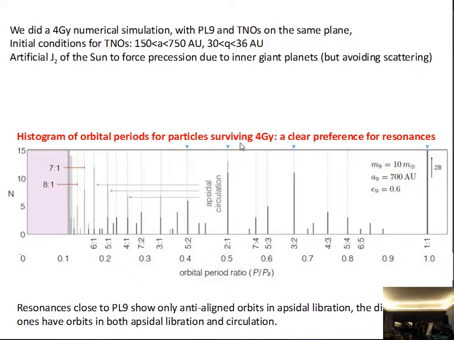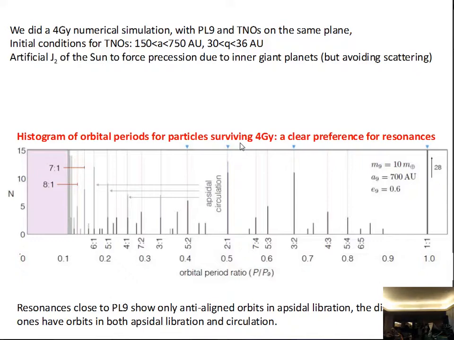And actually, if you look carefully, there is a solid bold segment and then a gray segment, and the ratio between the lengths of these two segments gives the relative fraction of bodies with apsidal circulation versus apsidal libration. So the distant resonances of high order can have both, and the resonances close to Planet 9 can only have apsidal libration. Let's look a little bit, before going into the model, at what happens for an orbit in apsidal libration.